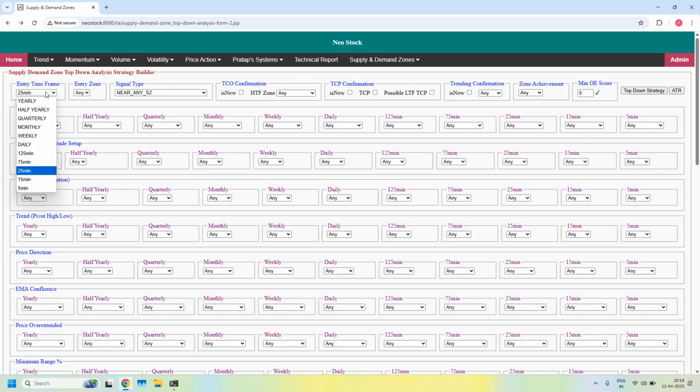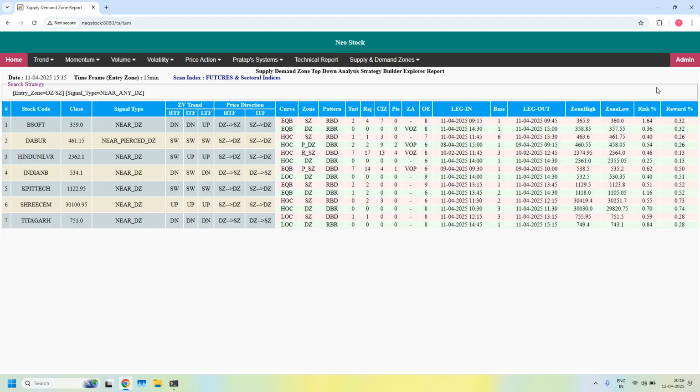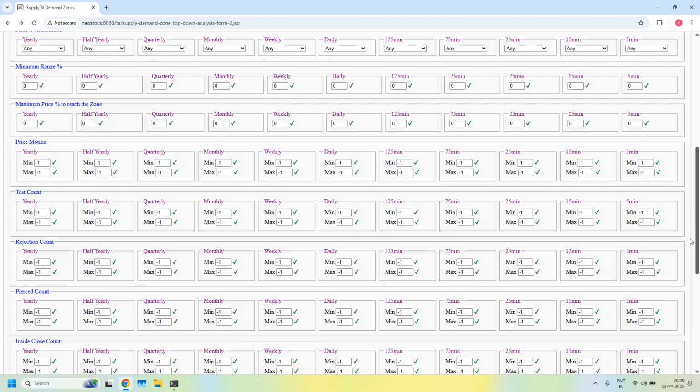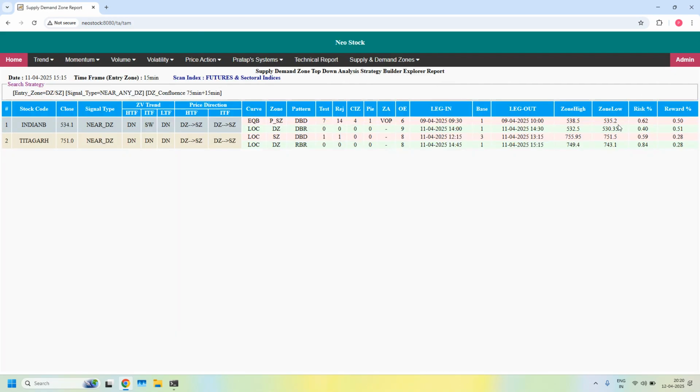Next time frame is 15 minutes. Stocks near 15 minutes demand zone. We got 7 stocks. We can further filter based on zone confluence: 15 minutes with 75 minutes demand zone confluence. With this filter, we got 2 stocks.